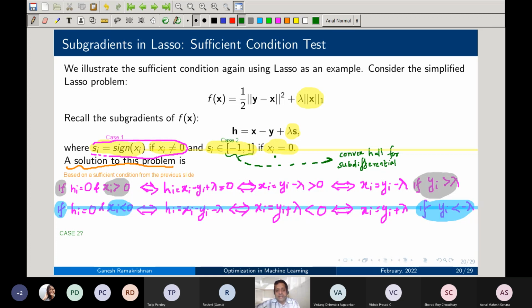I want to know what is that x where the solution is. You're perfectly fine if x is 0 and h is 0. Case 2 is nothing but hi is 0. That's a sufficient condition, and xi equals 0.